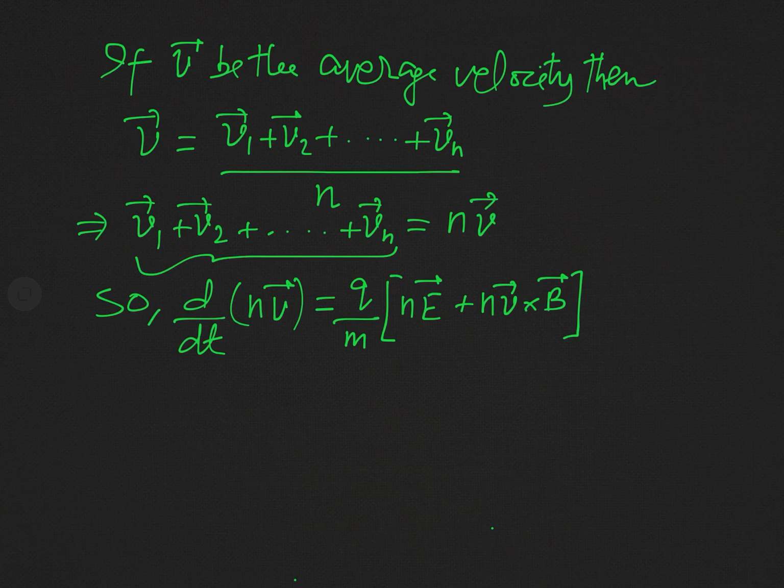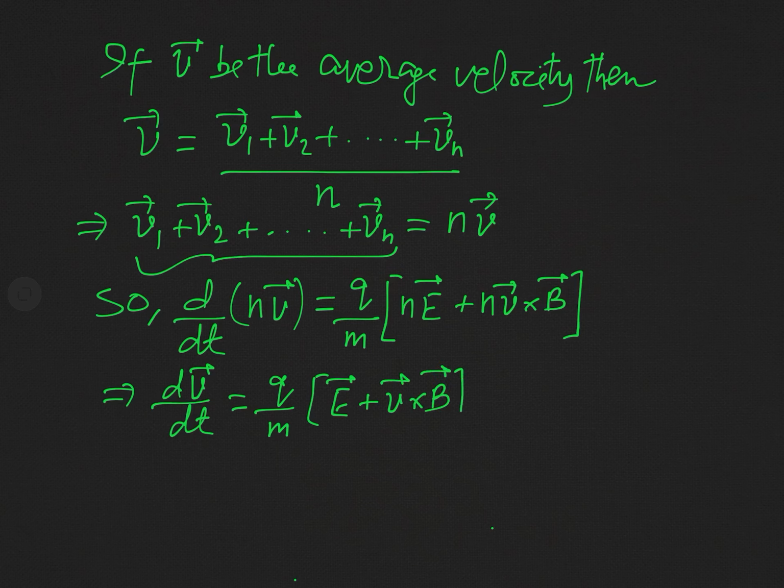And you can see this n is a constant, so it can be taken outside of the derivative operator, and on the left and right sides this n will be cancelled out. So this is simply dV by dt equal to q over m (E plus V cross B).